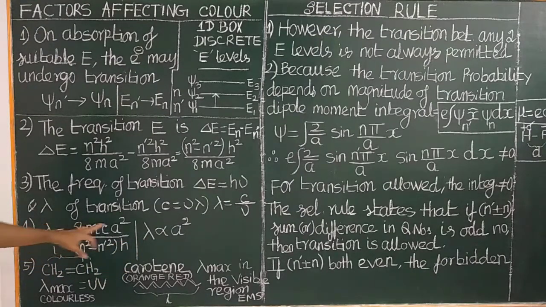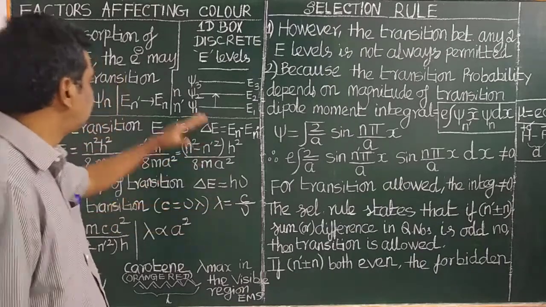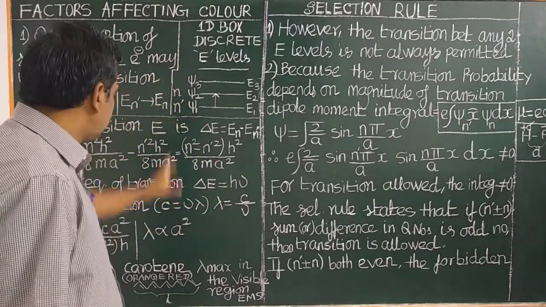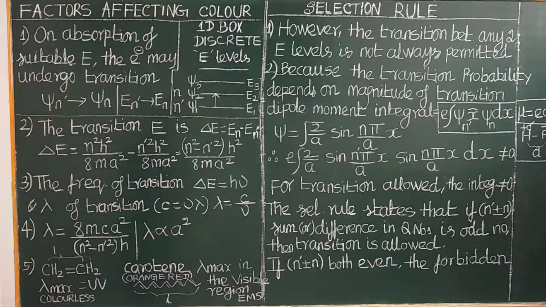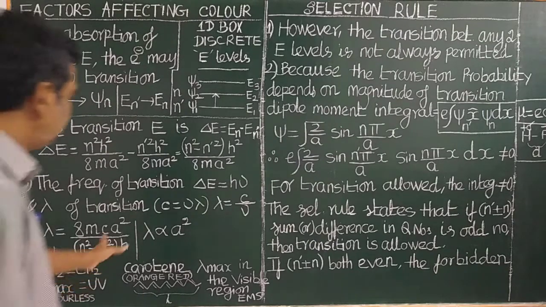So, lambda, the wavelength of transition from n prime to n, depends on the square of the length of the box.